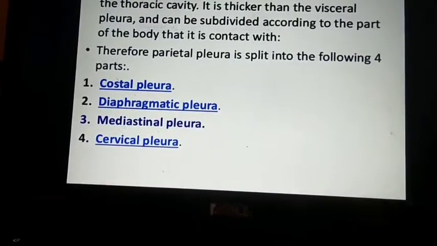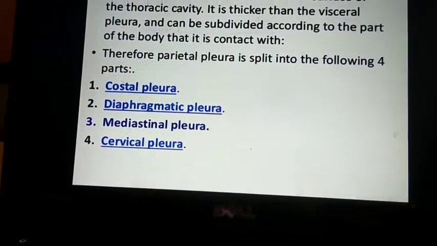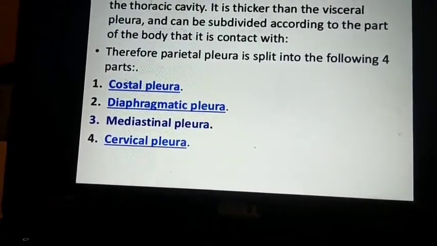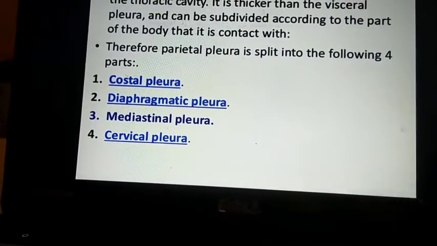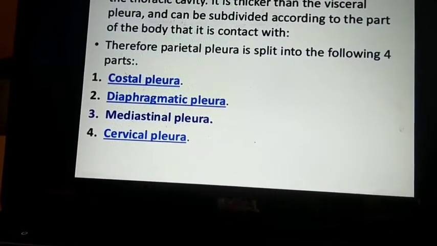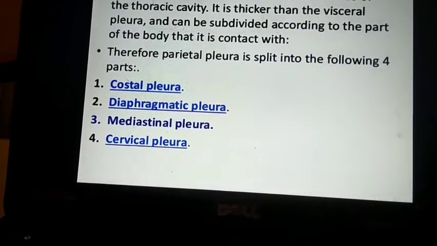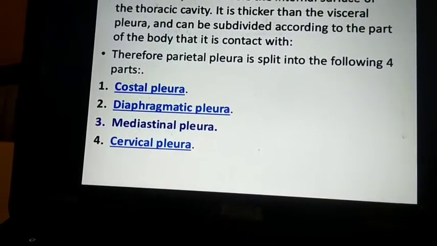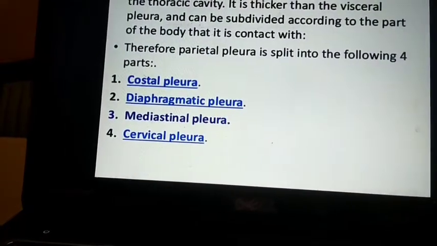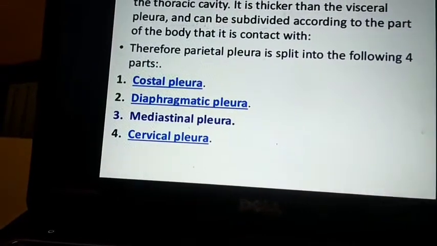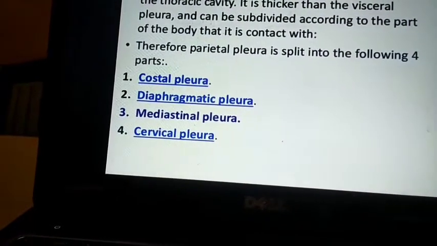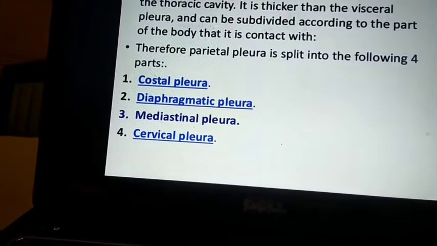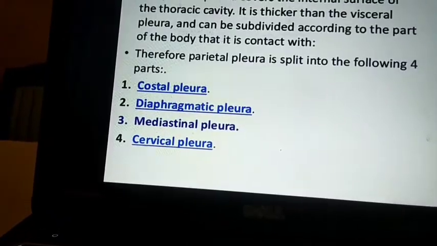Diaphragmatic pleura: the part of the pleura attached to the diaphragm, its superior surface, or the triangular base of the lung. The pleura that sits on the diaphragm is the diaphragmatic pleura.